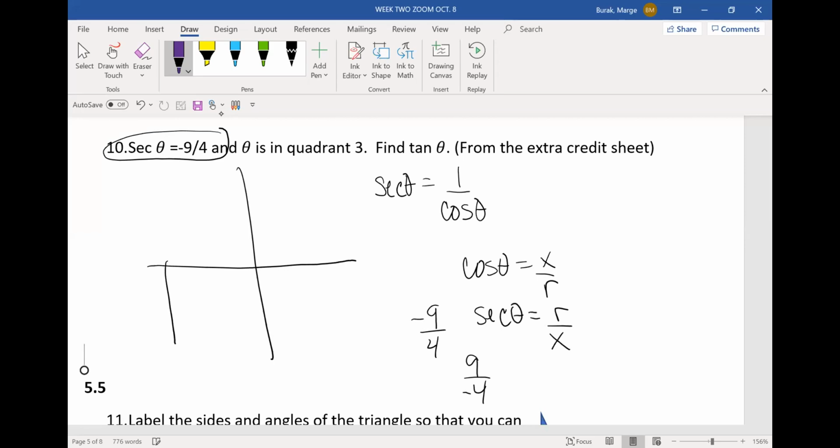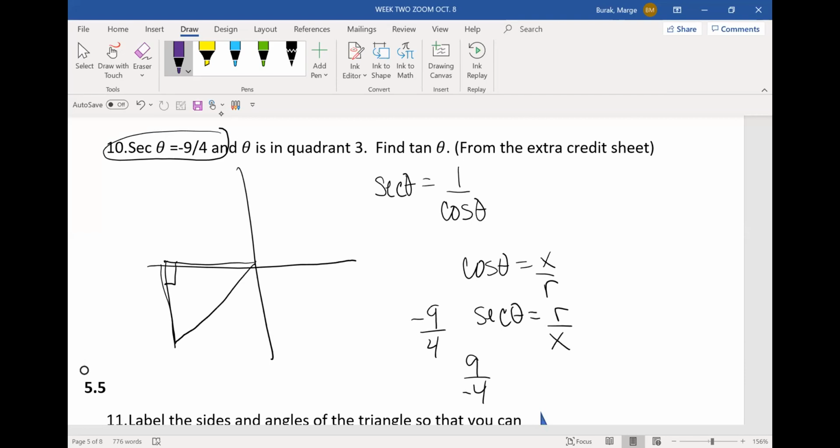Now, here's where you draw the triangle, Darius. You want to make sure that the right angle is on the x-axis. That way you get your x, your y, and the r is what we want.